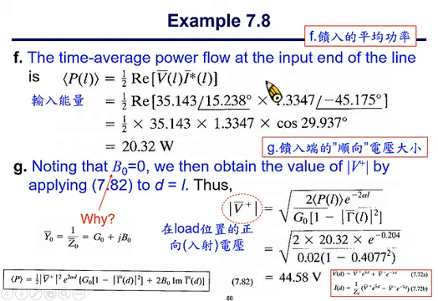which is 20.3 watts. Next, we would like to know the power delivered to the load. Here is the power at the left end of the transmission line. Next, you want to find the power delivered to the right end of the transmission line, at the load.